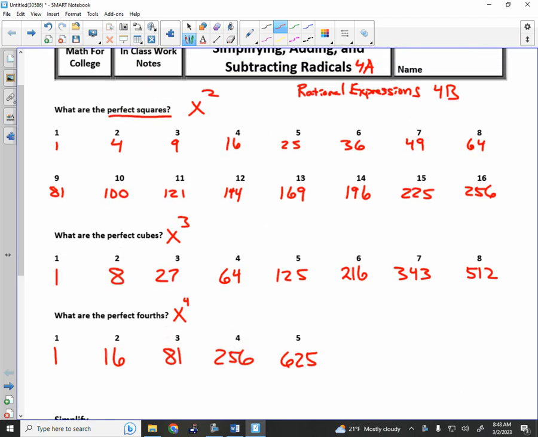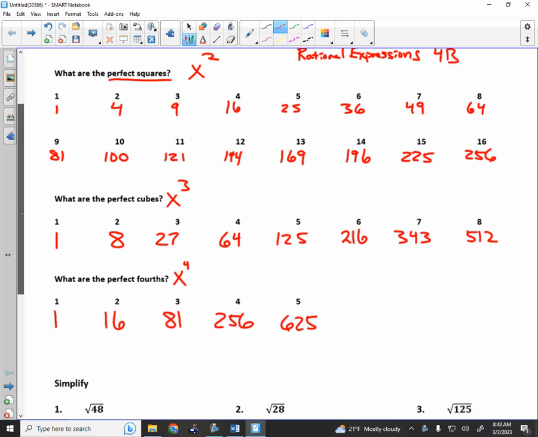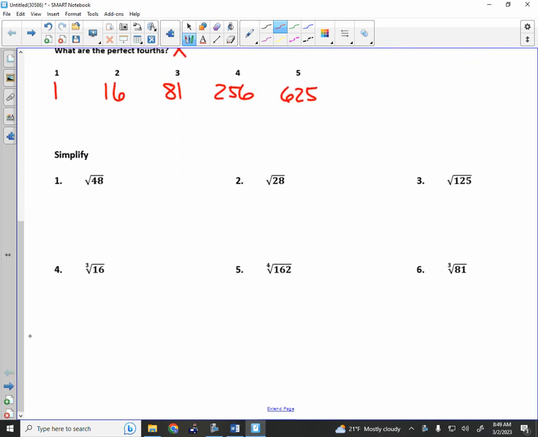So I look up here, which number in red divides evenly into 28? 4. How many times does 4 go into 28? So I have the square root of 4 times the square root of 7. So you pick two numbers that multiply to 28. They are 4 and 7.